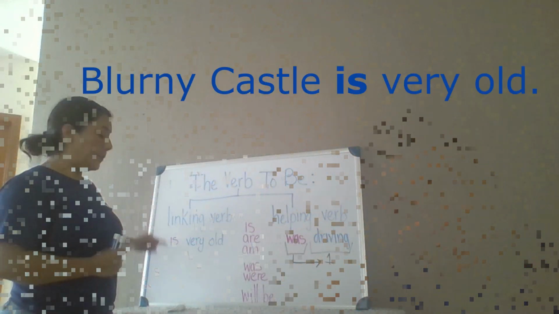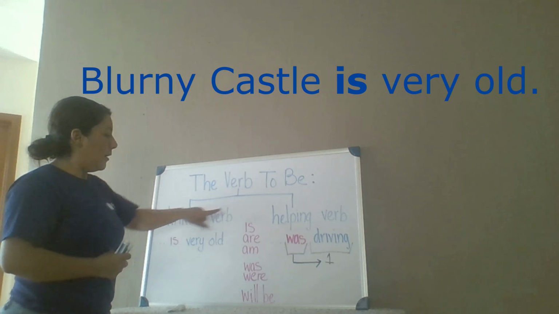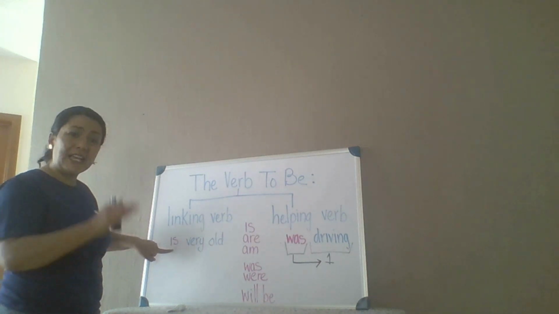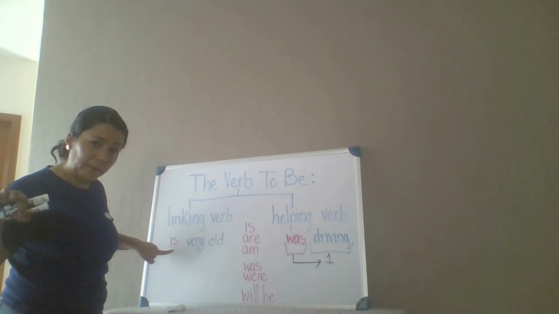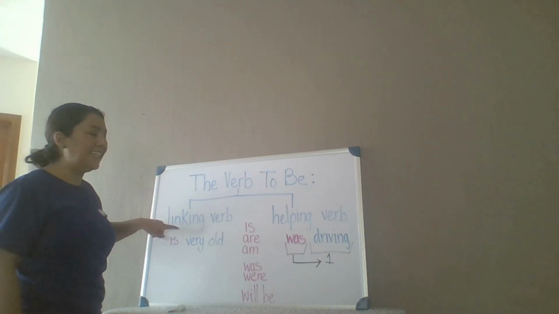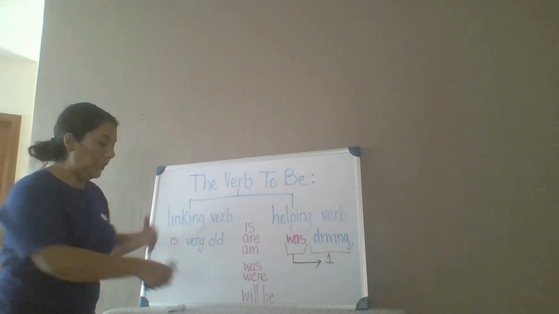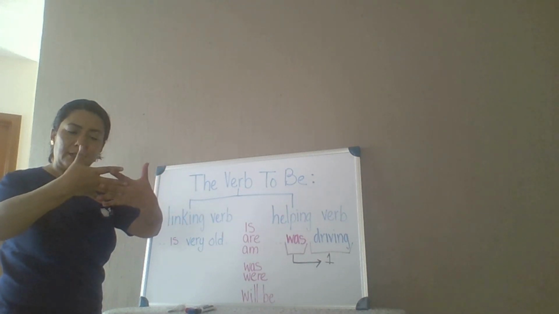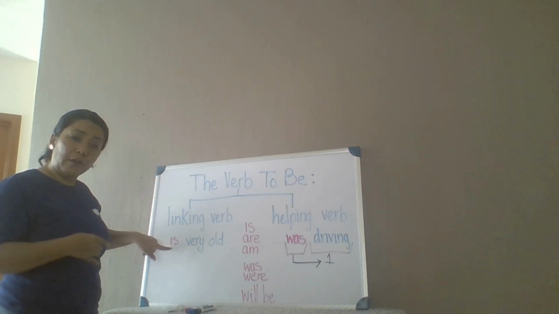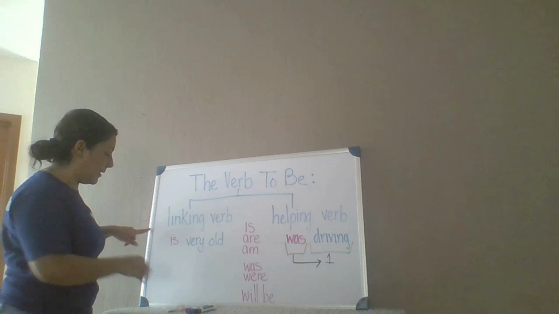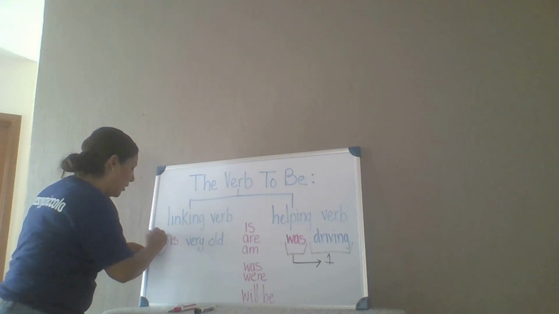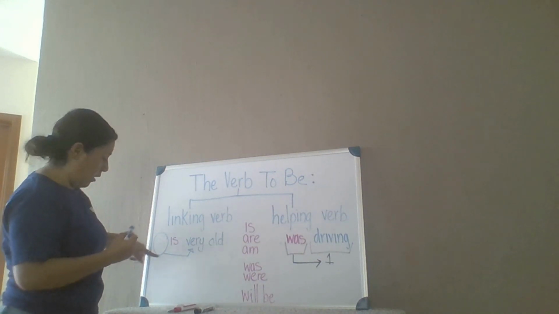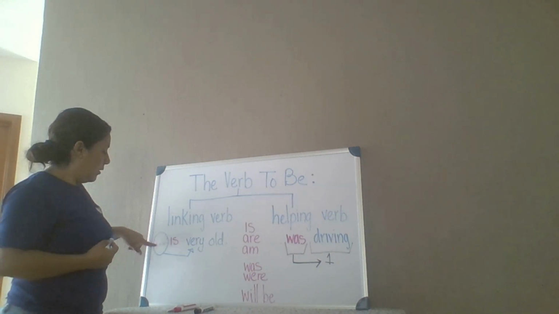So what the book says, when the verb to be in any of its forms is the only verb, we call that linking verb because linking means to connect. So what this verb is doing is only connecting the subject to a description of this same subject.